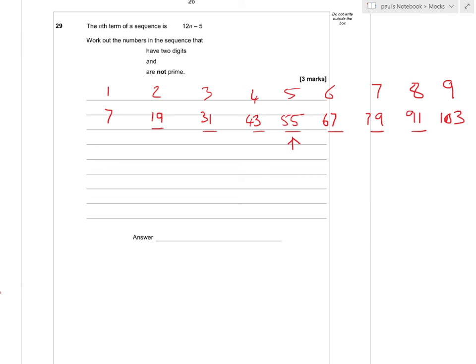Yeah, that's 55. Does that divide by anything? 91 divided by 7? It's 13. Oh, I didn't know it. 13 times table. So it's 55 and 91.